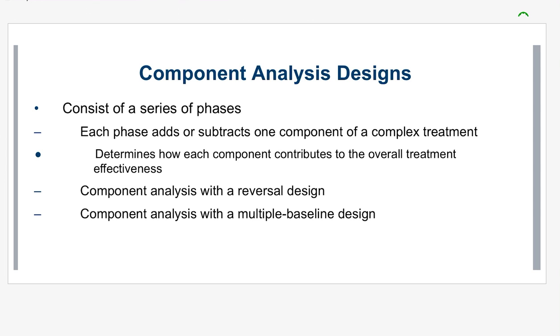Those are each new phases, right? And you're observing them through those phases. And then to show that replication, we would go back, that reversal, to the baseline, and then we would do it again. Component 1, then component 2, and then component 3, to see if we have the same pattern of results.